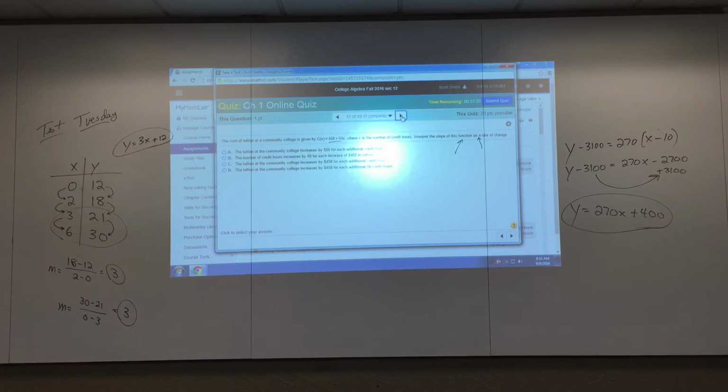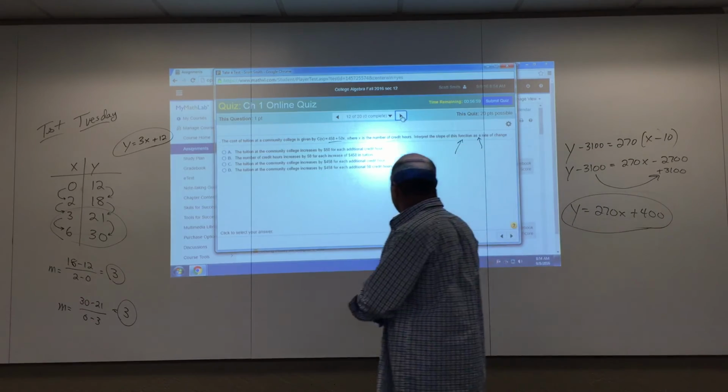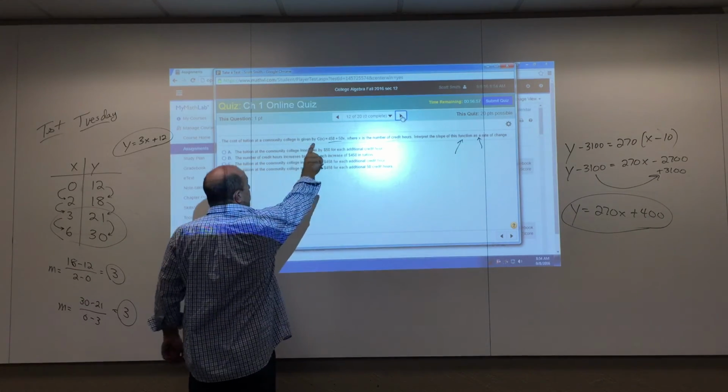You get to do a little math. I like these sentence things. Interpret the slope. This is where I'm asking you to think about the slope as a rate of change and put some words on it. In this problem, first of all, what is the slope?